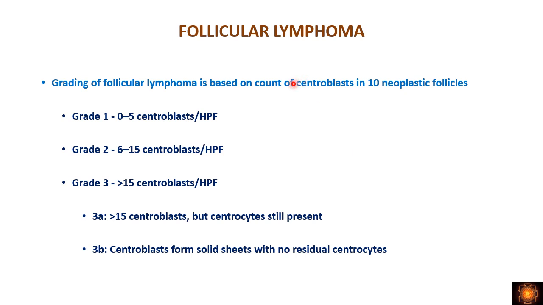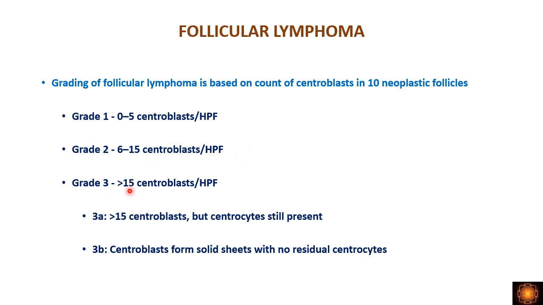When we see the grades of follicular lymphoma, it depends upon the number of centroblasts in 10 neoplastic follicles. So we have to see 10 neoplastic follicles and count the centroblasts. Grade 1 is 0 to 5 centroblasts per high power field. Grade 2 is 6 to 15 centroblasts per high power field in 10 neoplastic follicles.